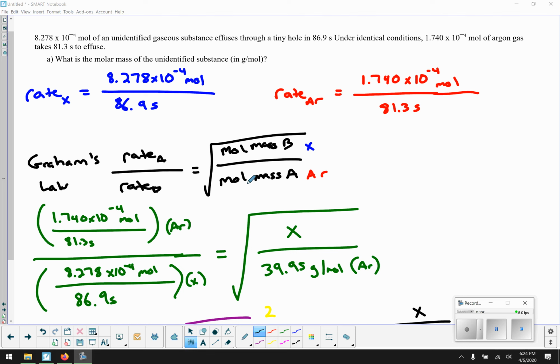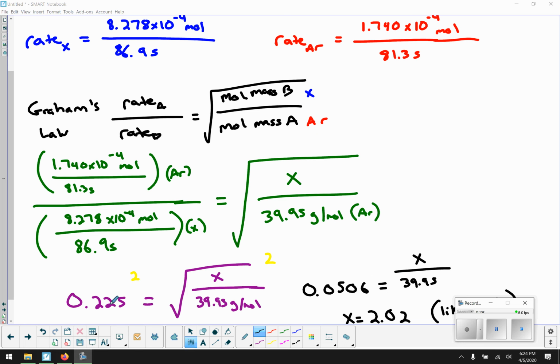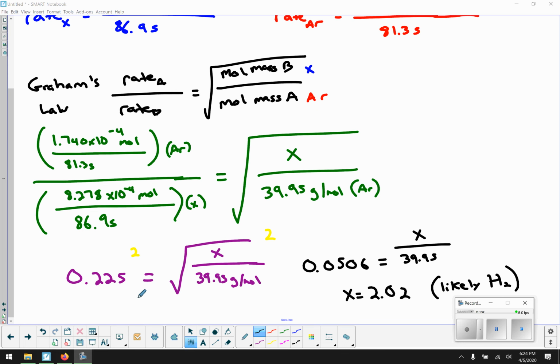That equals our unknown molar mass, X, over 39.95 grams per mole, which is just the molar mass of argon. The first thing I did was take all these terrible rates, one divided by another. Those equal 0.225. You plug that all into a calculator and get 0.225.